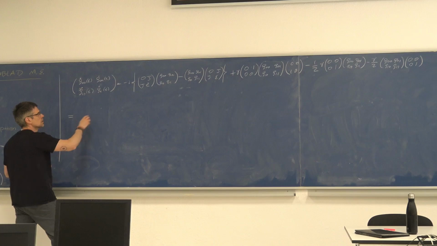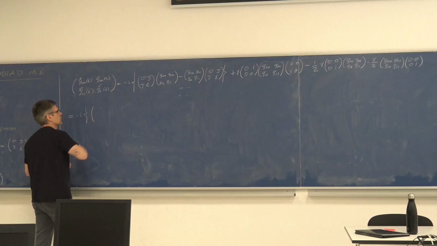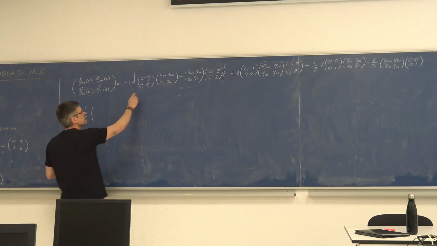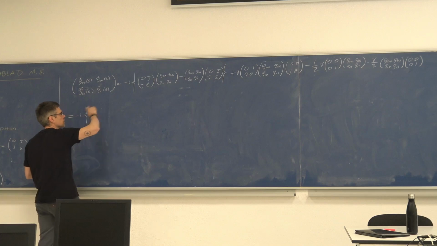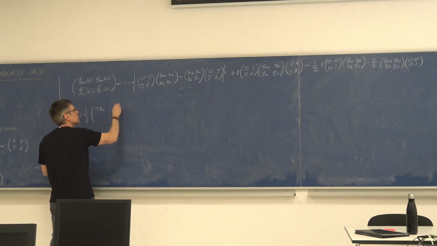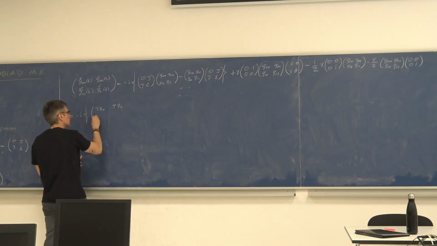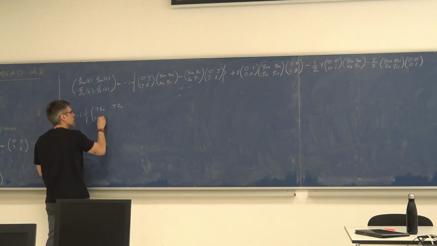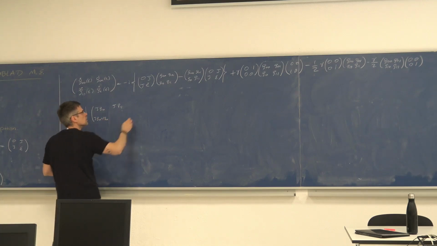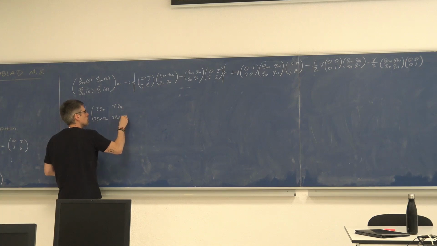Let me move here. This part. Let's see if I don't make many mistakes. First row, first column, J rho 1 0. First row, second column, J rho 1 1. Second row, first column, J rho 0 0 plus epsilon rho 1 0. Second row, second column, J rho 0 1 plus epsilon rho 1 1.